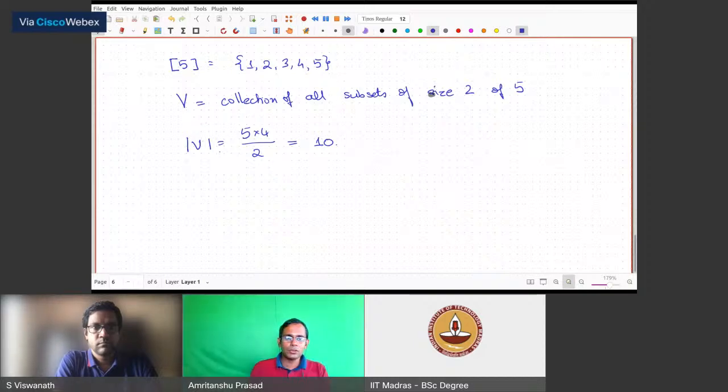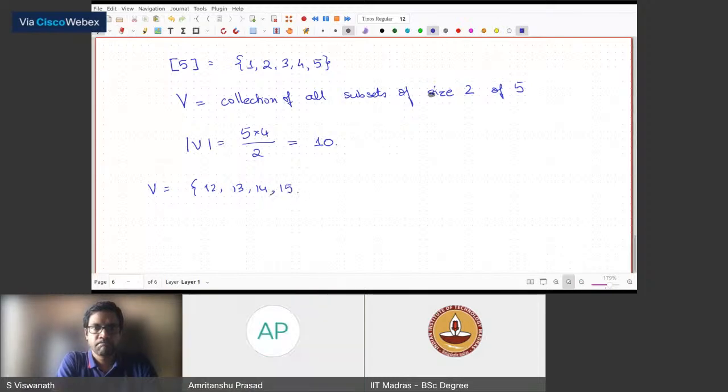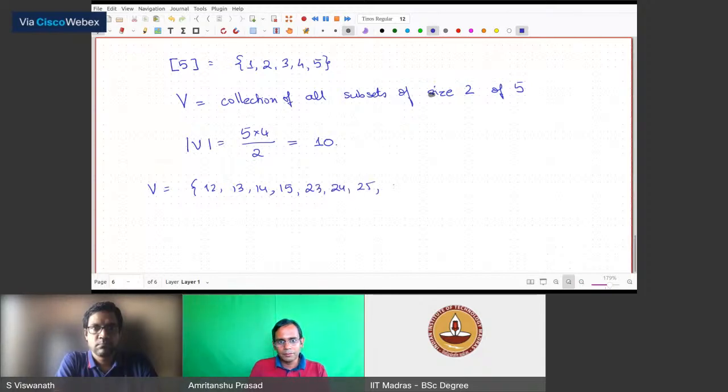So I can write down all the 10 points. 12, 13, 14, by this I mean the subset whose elements are 1 and 2. I'm not going to write curly brackets, it becomes difficult to write, so I'll just use a shorthand. And then 23, 24, 25.